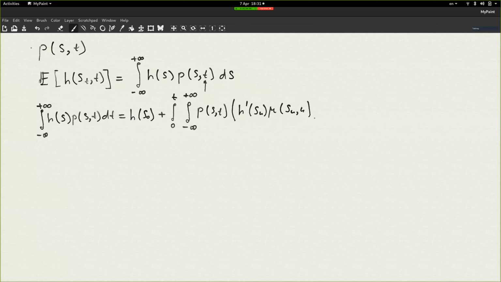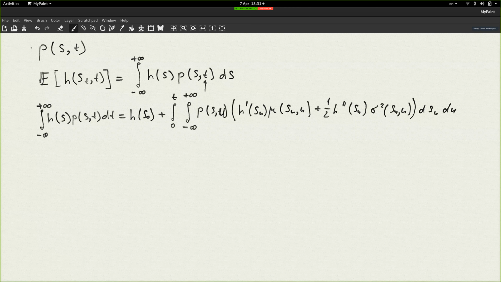And the density is in the internal point, so it is not st, it is p of su, sorry. Mu of su, u plus 1/2 h double prime of su sigma squared of su, u d su du.